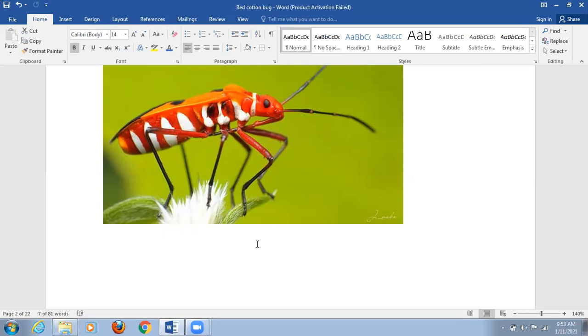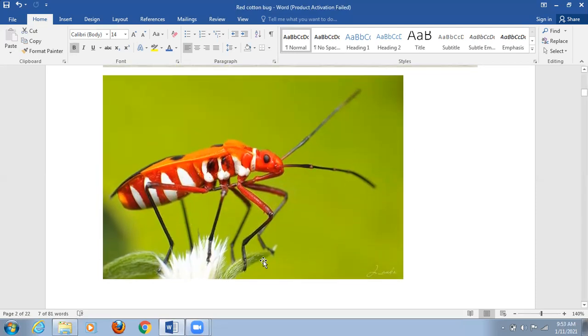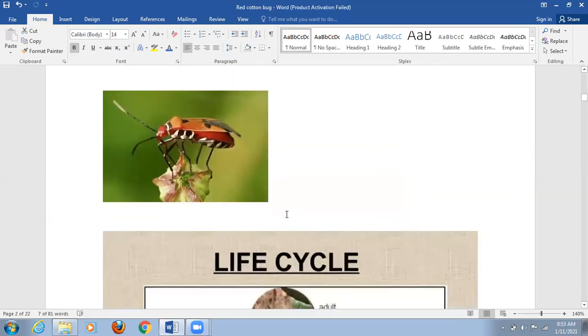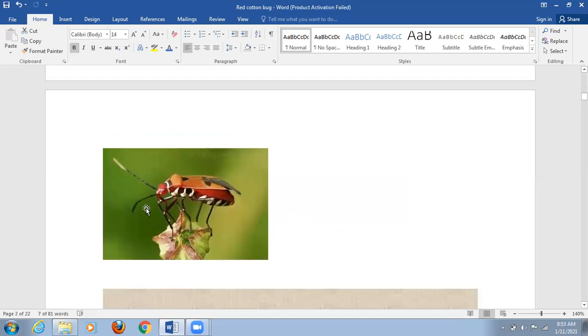Mallow family means it is a flowering plant family. So we can say that flowering plants are the host for this insect. Again, on your screen, you can see this particular red cotton bug, which damages the cotton bolls.